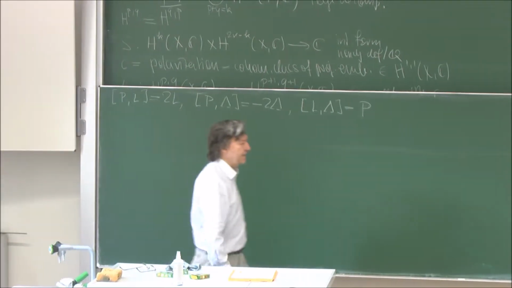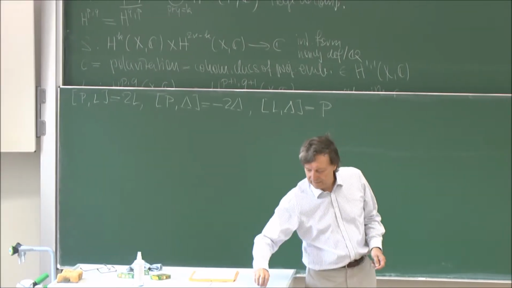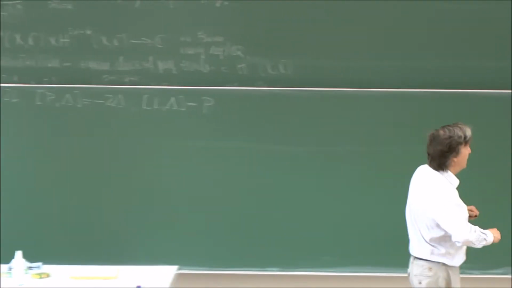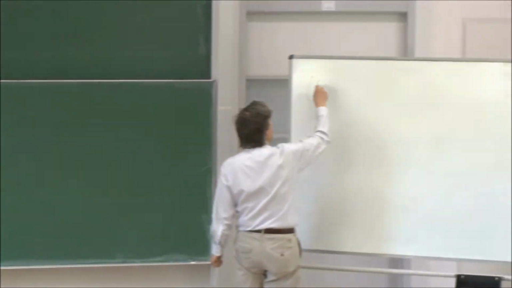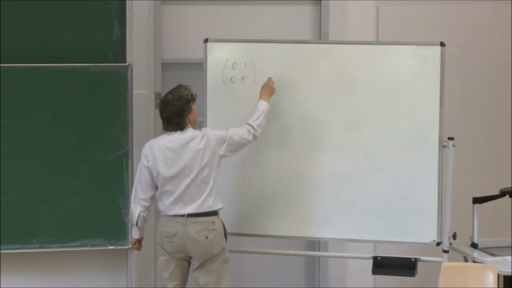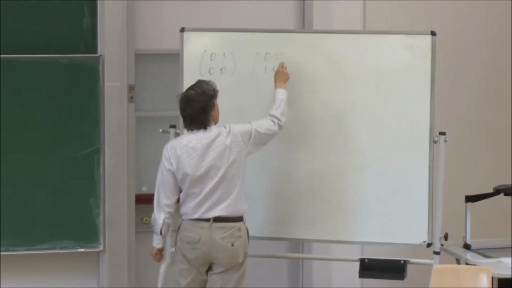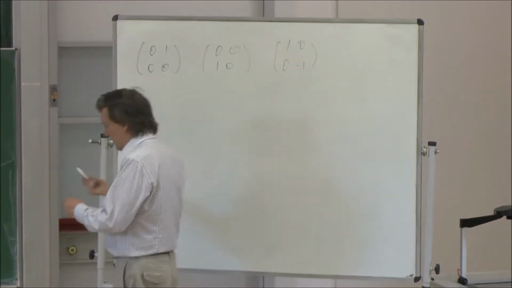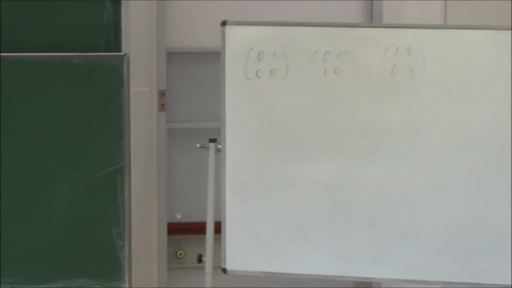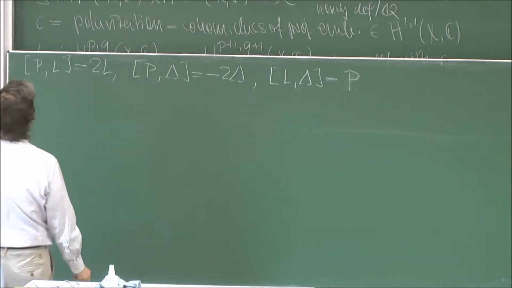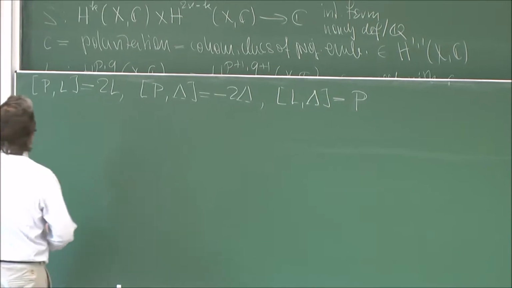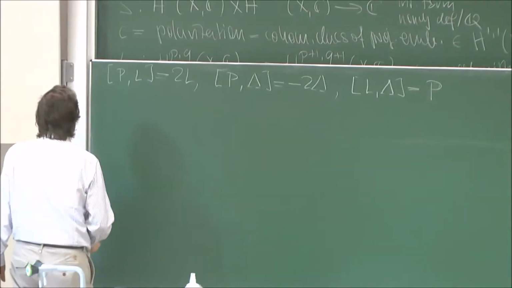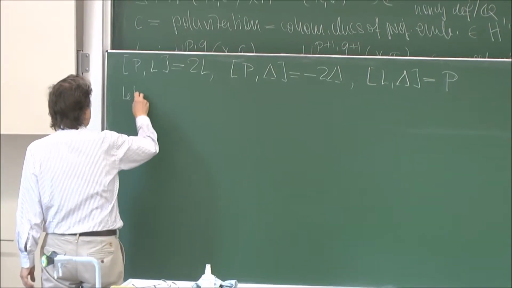Those are, let's say, the standard generators of the algebra sl2, and they satisfy these commutation relations. So this is the Hodge decomposition, and then there is the second ingredient, which is the Lefschetz decomposition.